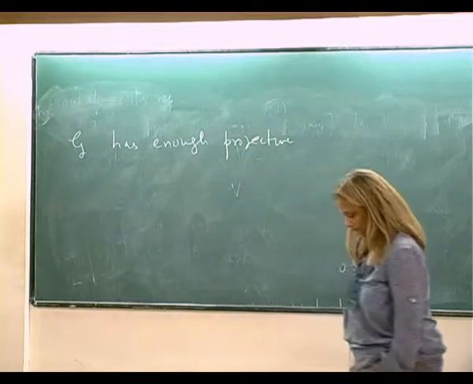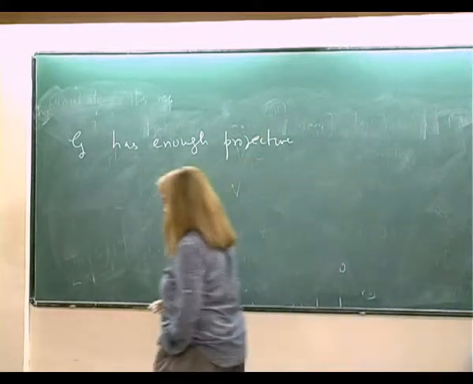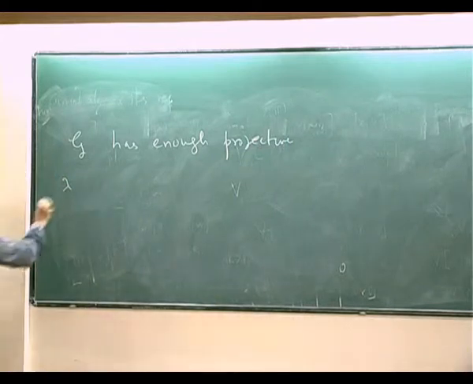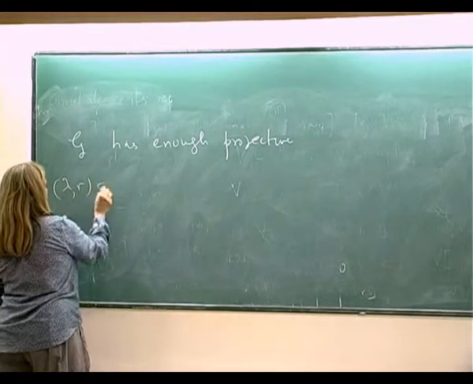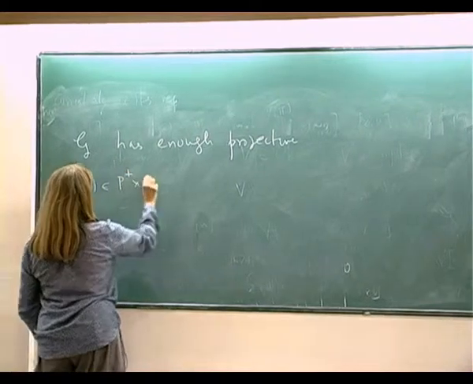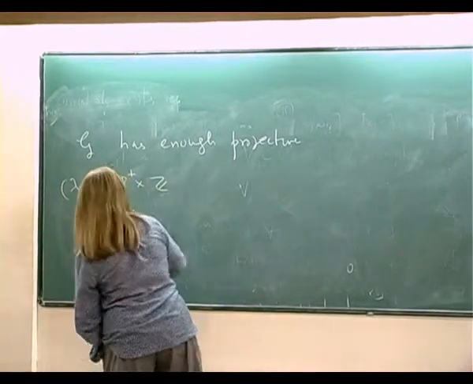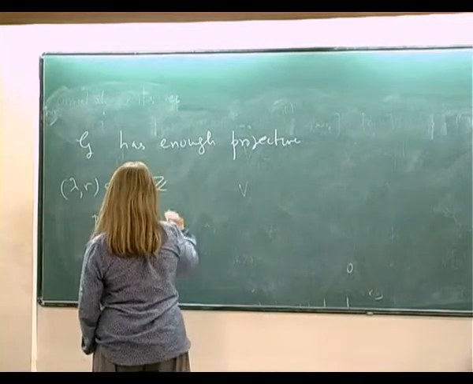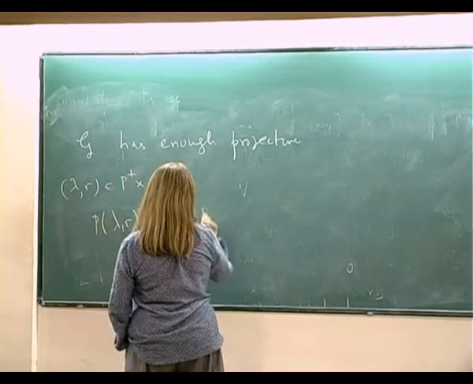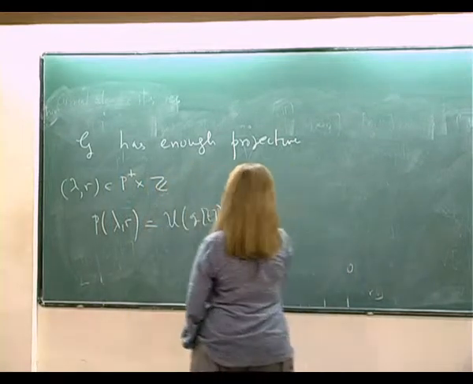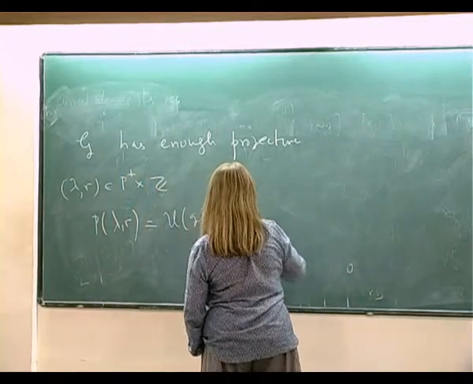So given lambda R in P plus cross Z, we'll define a module P lambda R to be just U of GT tensored up with U G over U G, V lambda.